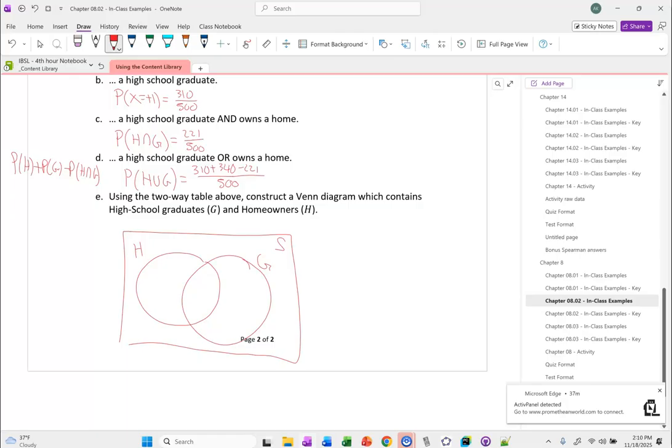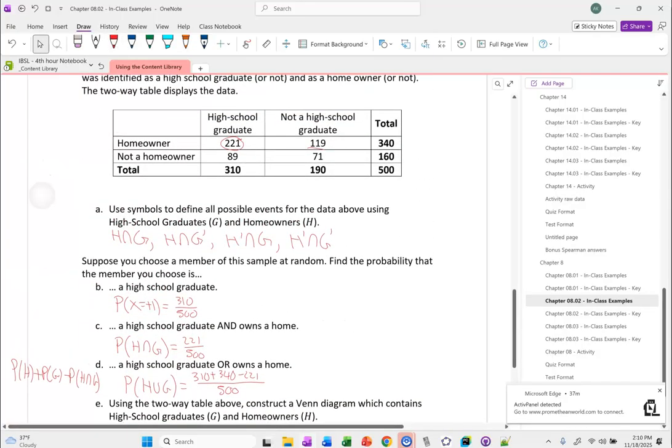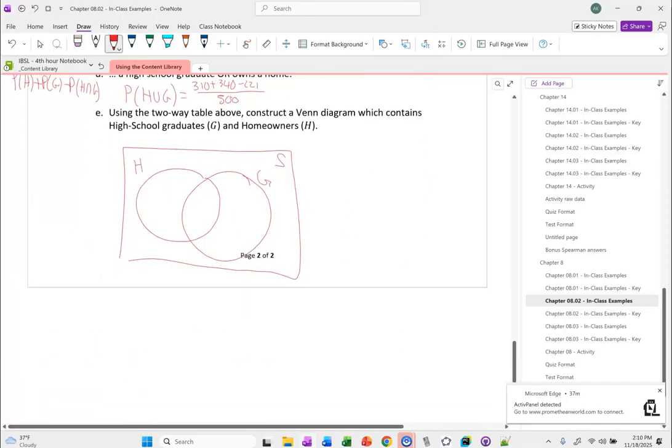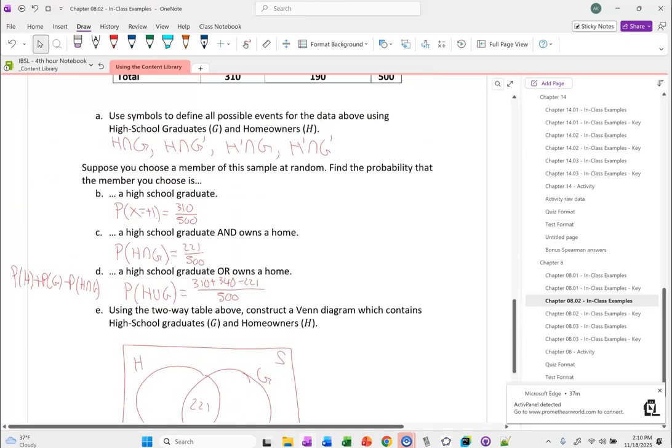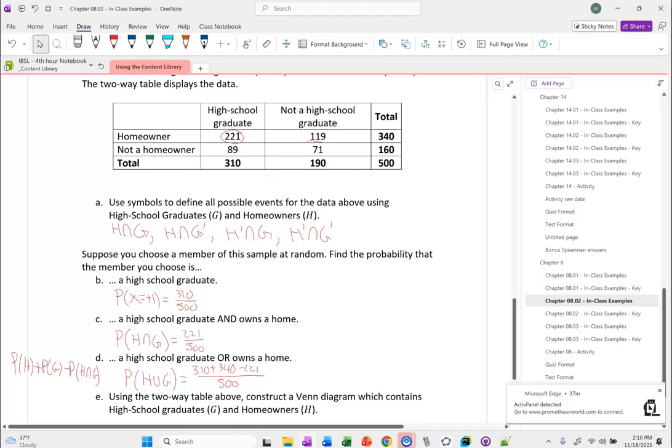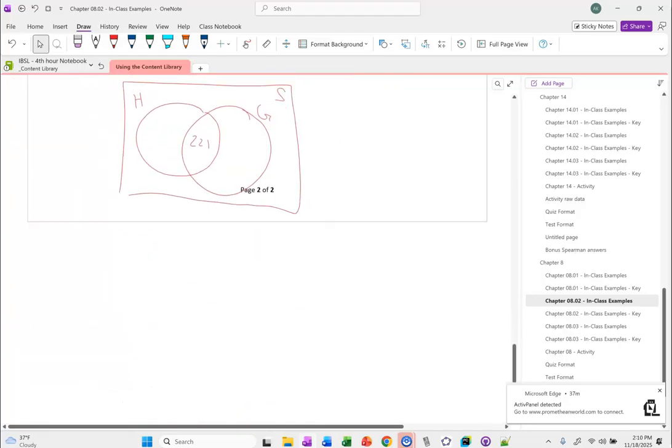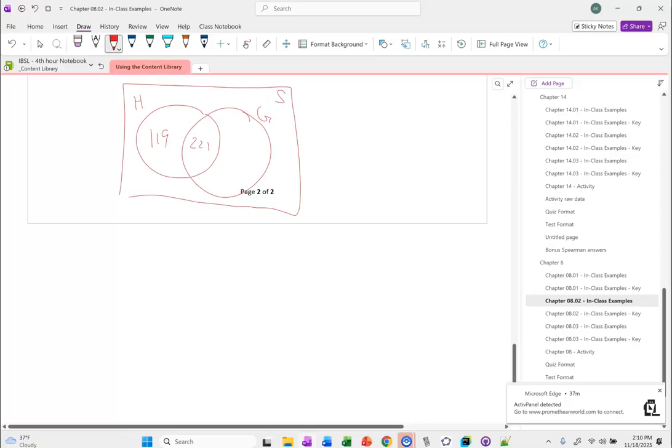Where do I start filling? Middle, what goes in the middle? 221, right? What goes in the rest of H? 119. What goes in the rest of G? What goes on the outside?